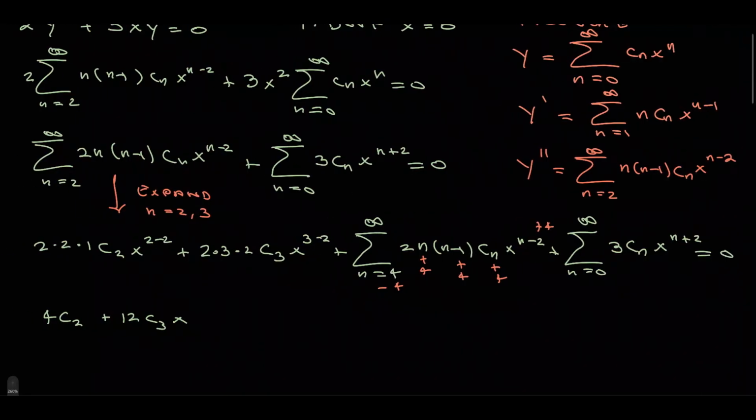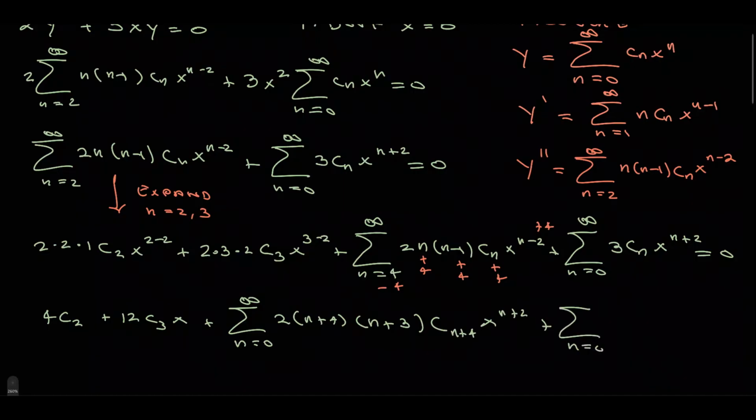So plus Σ (n=0 to ∞) of 2(n+4)(n+3)cₙ₊₄xⁿ⁺² plus Σ (n=0 to ∞) of 3cₙxⁿ⁺² equals 0.